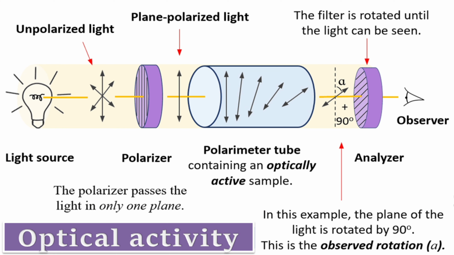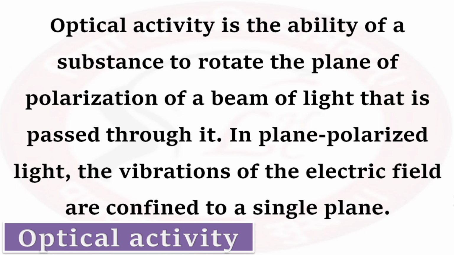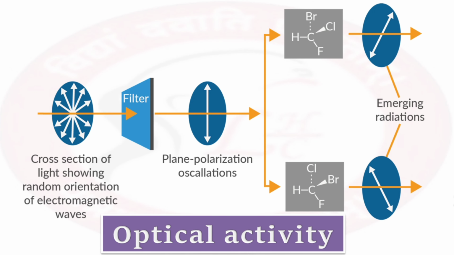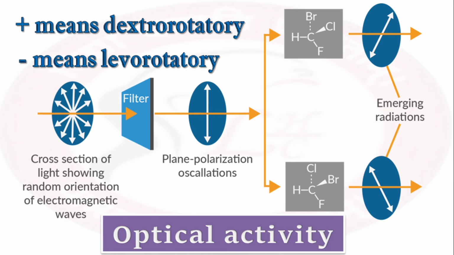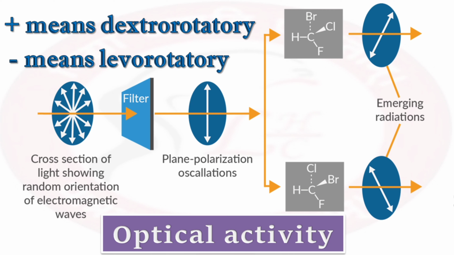And we can call it optical activity. Now what is optical activity? Plus means dextrorotatory, minus means levorotatory. And since these isomers exhibit different optical activity, they are referred to as optical isomers.